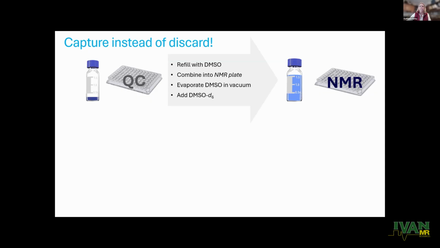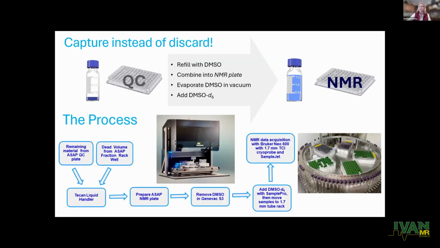And we pretty quickly figured out that yes, we could. If we used a 1.7 cryo and we used an automated system, we could collect the two samples, use a TECAN to make an NMR plate.